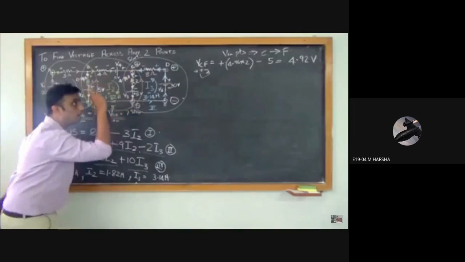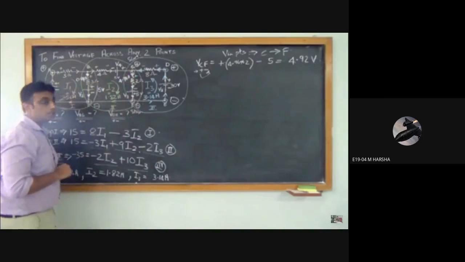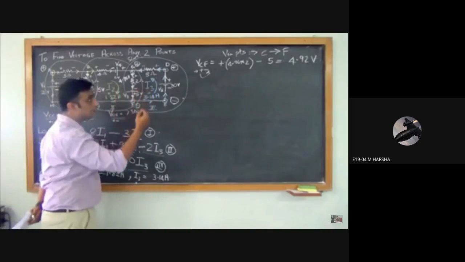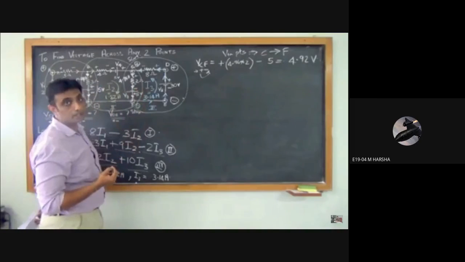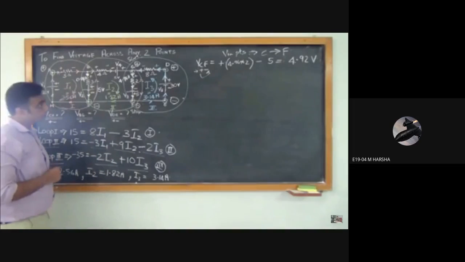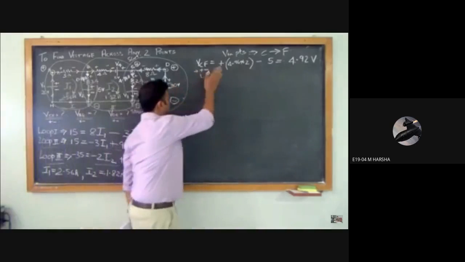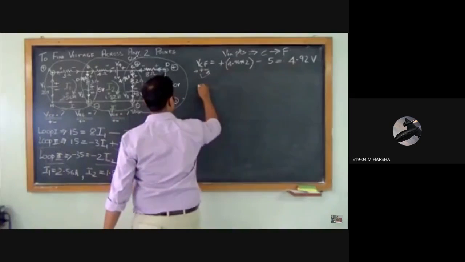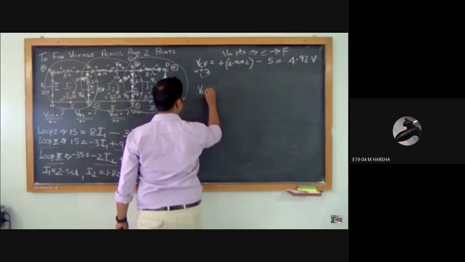Your answer should come the same. So we will just prove whether we get the same value or not, to check the consistency of this theory. Although you got the value of VCF, which is 4.92, we will go for the second method.